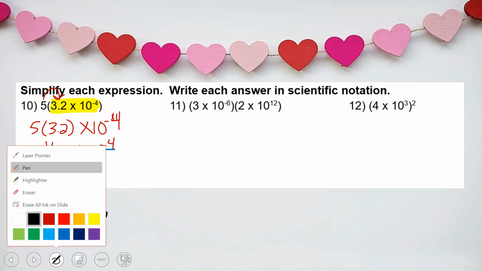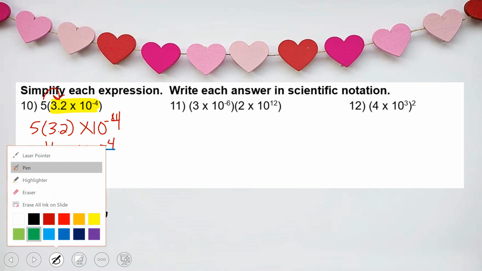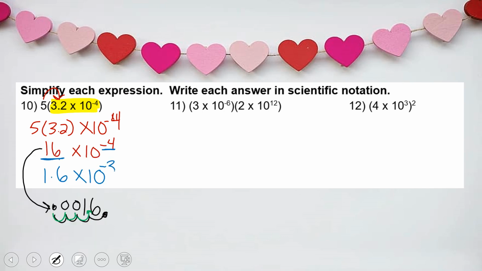So if I have now moved my decimal to start in between the 1 and the 6, how many places do I have to move the decimal for it to be the same value? That would be 1, 2, 3. So the exponent on this new form would be a negative 3. I have to move that decimal one less place when my A value turns into a 1.6 than I did when it was a 16.